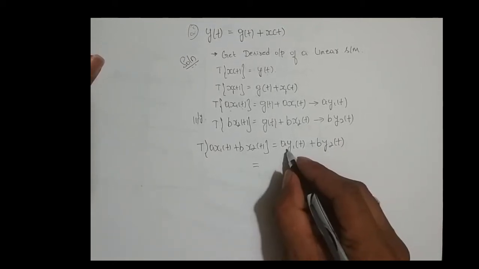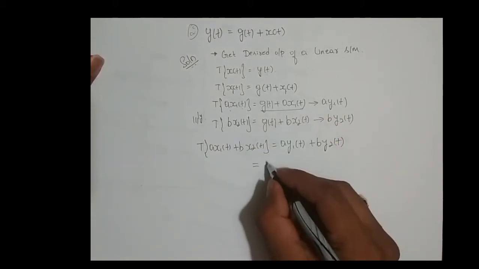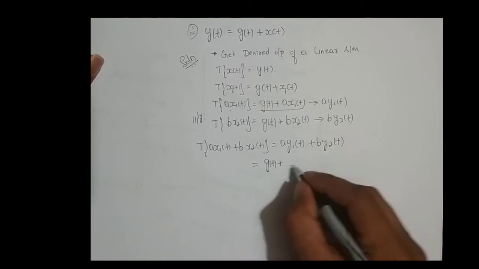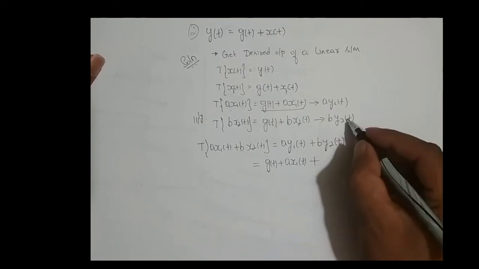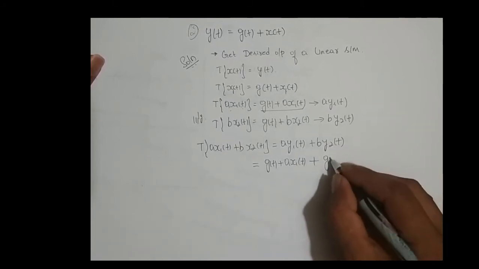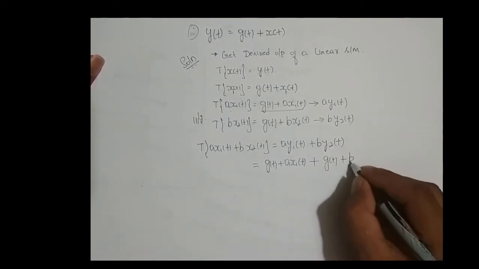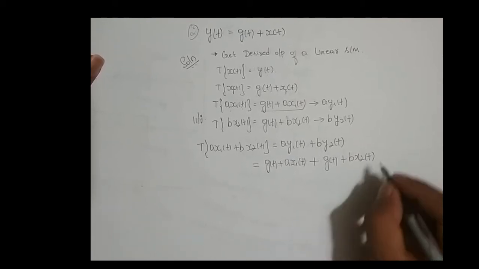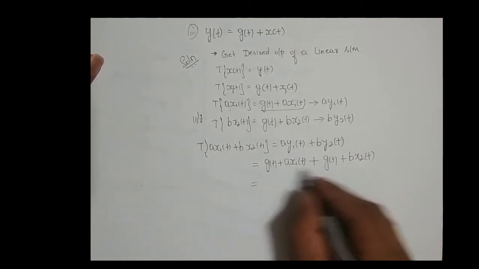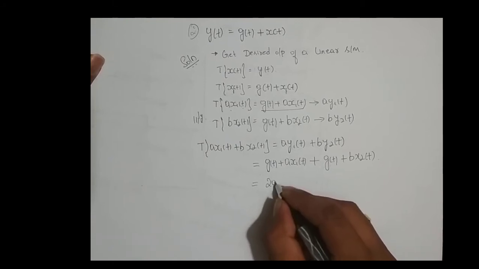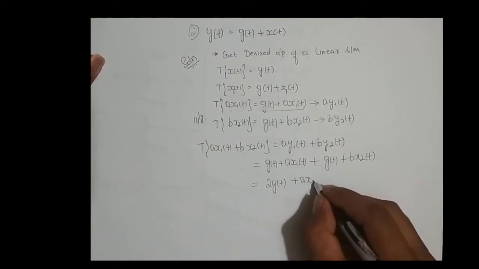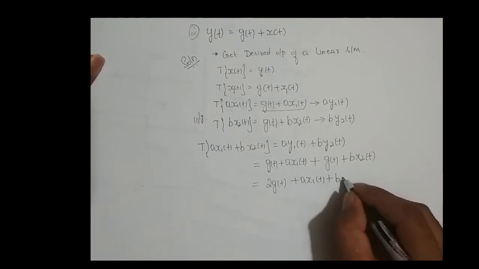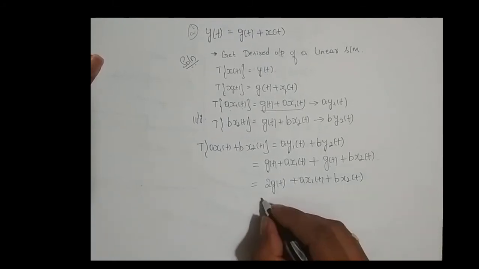And this is equal to what? a times y1 of t, which is nothing but g of t plus a times x1 of t, plus what is b times y2 of t? It is nothing but g of t plus b times x2 of t. So if I simplify it, it is nothing but 2 times g of t plus a times x1 of t plus b times x2 of t, right?